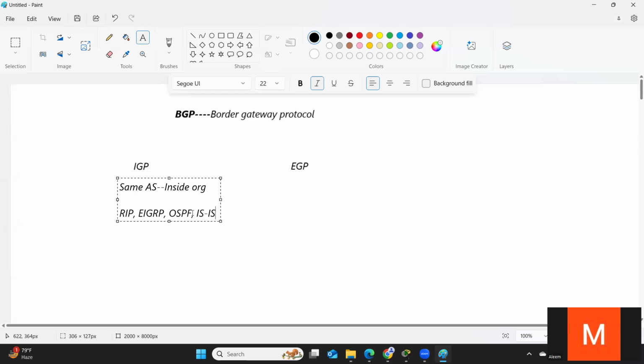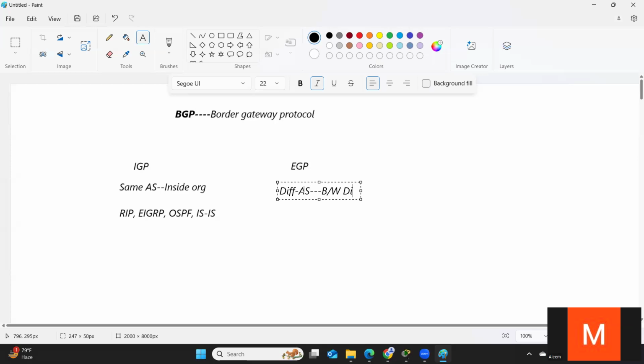We already discussed those earlier, so now we'll start discussing EGP protocols. EGP works differently. Here it works between different AS, which means between two organizations, or between ISPs, or between different organizations.